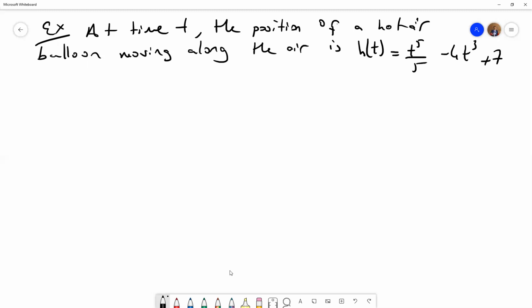Yeah, this is ht. So first question, what is the velocity function of this balloon?